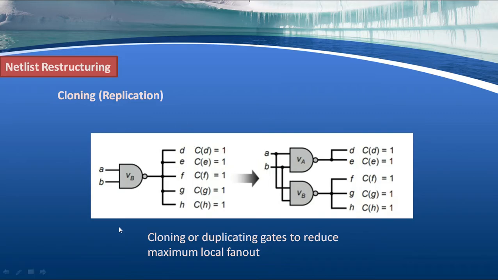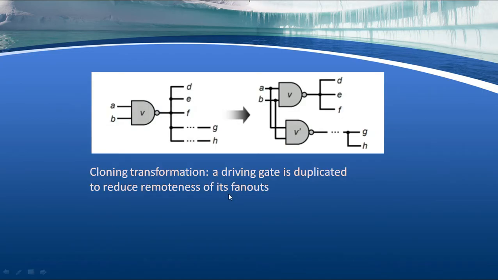VA is a duplicate of VB, and this is how we achieve the timing delay reduction. Cloning transformation: a driving gate is duplicated to reduce the load of its fanout. This is the transformation.